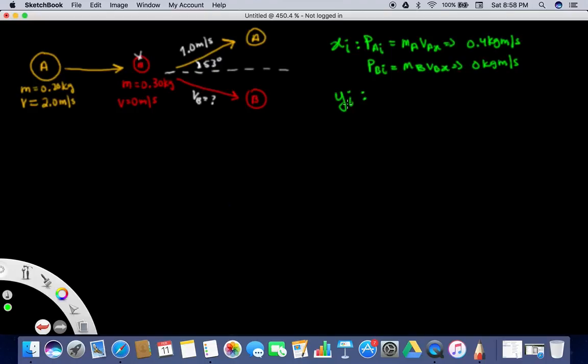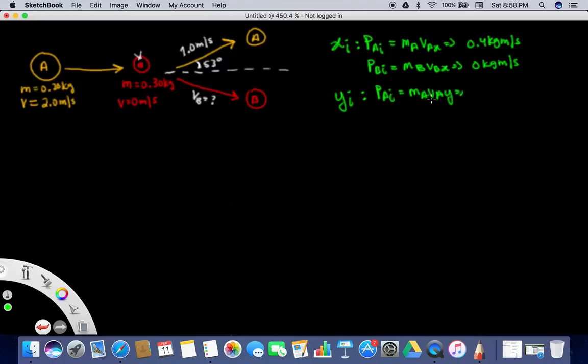Let's do the same thing in the y component. Before the collision, let's look at the momentum in the y component. First, the momentum of ball A initially. That's going to be the mass of ball A times the velocity of ball A, but this time in the y component, meaning the vertical component.